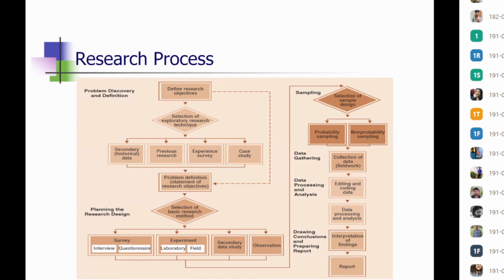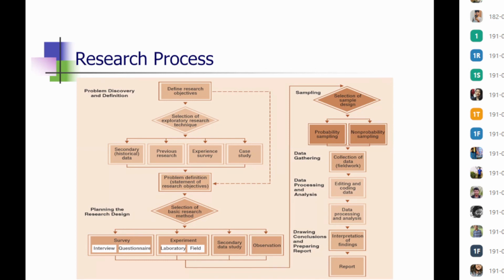We will talk about sampling in detail: what is sampling, how to select a sample, what the methods to select a sample are, how to select sample size, etc. Once you choose a particular method to conduct your research, then you have to go to sampling. Sampling means from whom you will take data, who will give you data. There are simply two types, probability and non-probability. We will talk about these later.